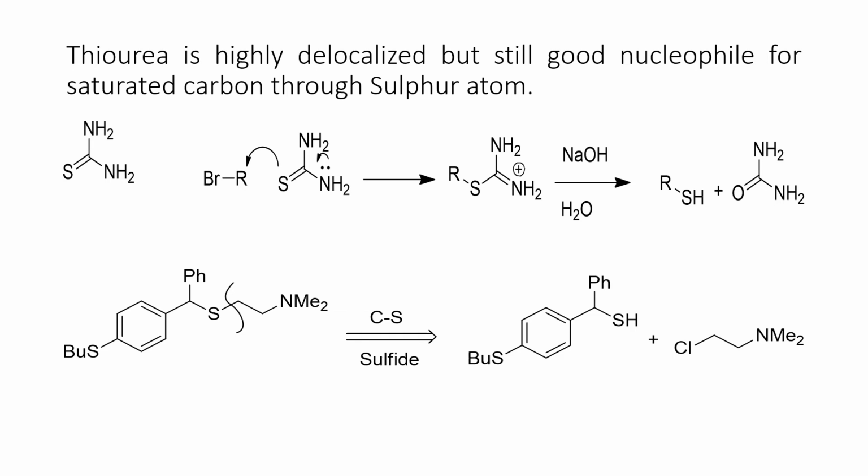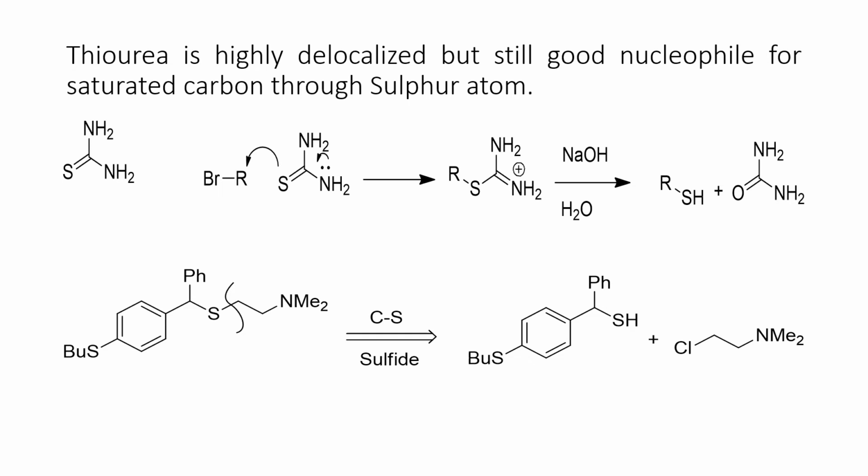Here is another example, captodiamine. Captodiamine is used as a sedative and tranquilizer. This is another example of the synthesis of thiols. First of all, we will see its retroanalysis.